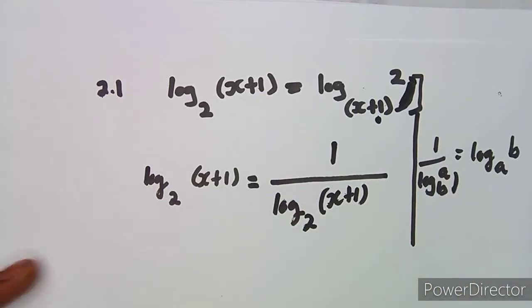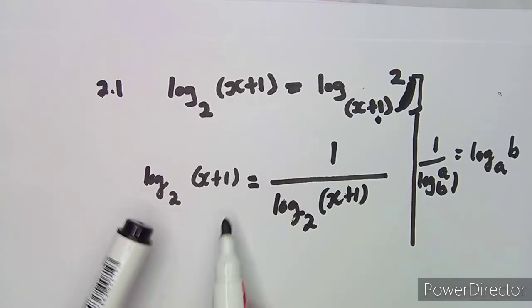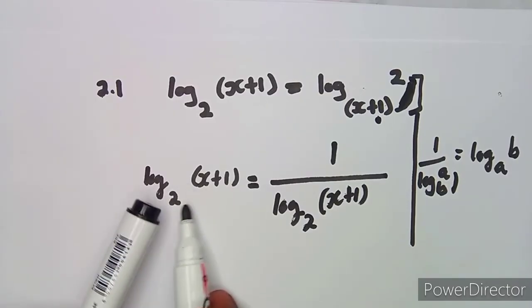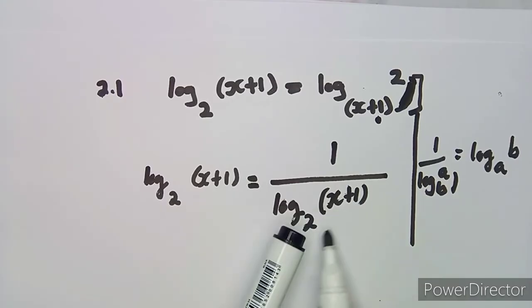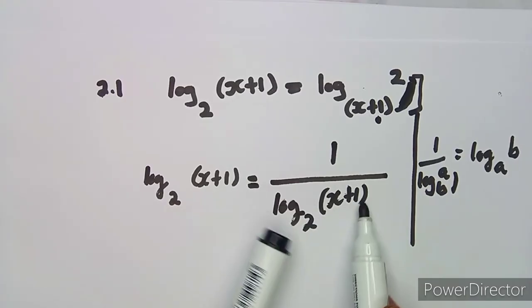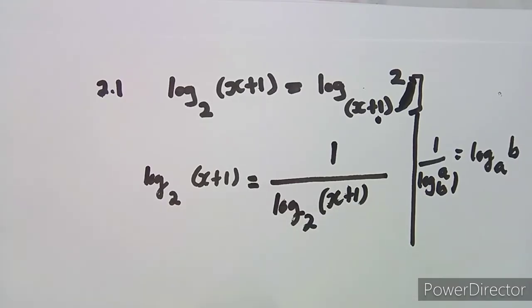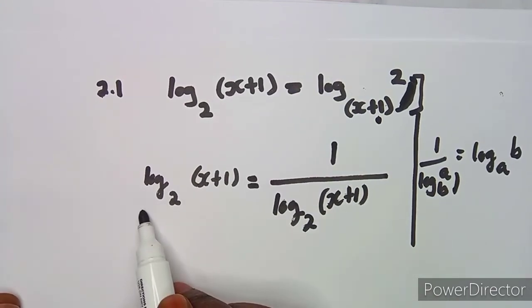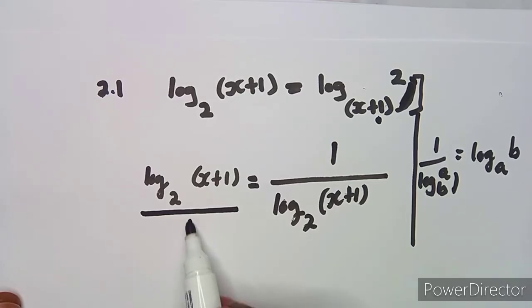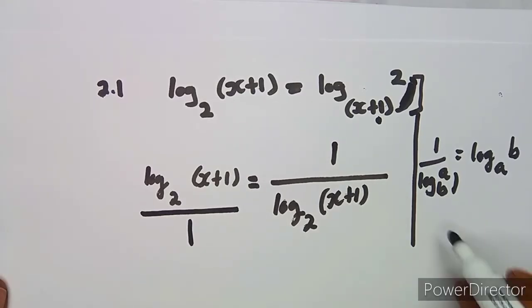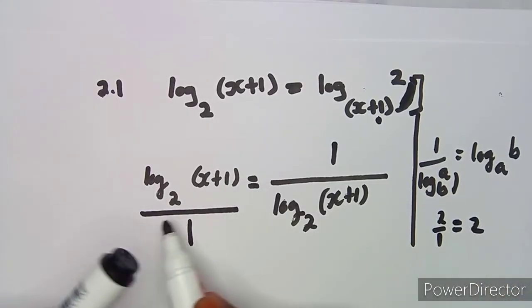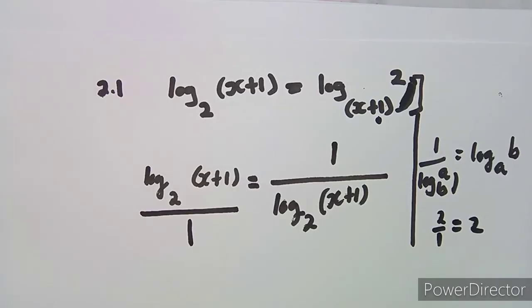So as we can see, we are now having the same thing here, log x plus 1 in base 2, log x plus 1 in base 2, even though this is in the denominator. So what you're going to do is that this is a fraction, so we have to write this also as a fraction. Remember, every whole number can be written as a fraction like this. 2 over 1 is same as 2, which means the same as log over 1 does not change anything.